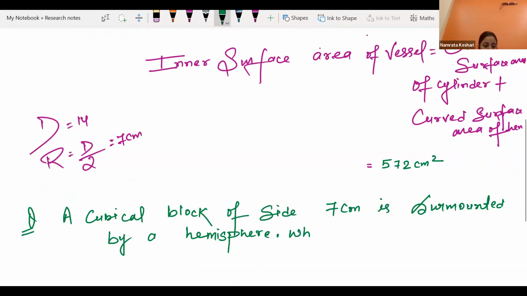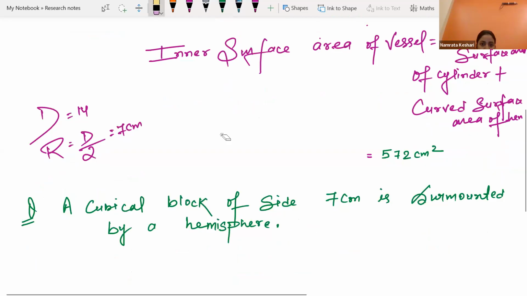Just a moment. 572 centimeters square. Okay, everyone is getting the same.